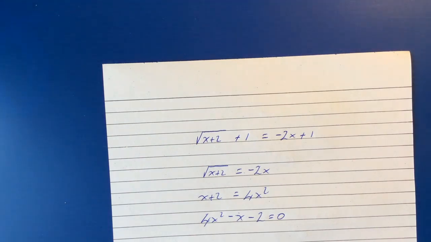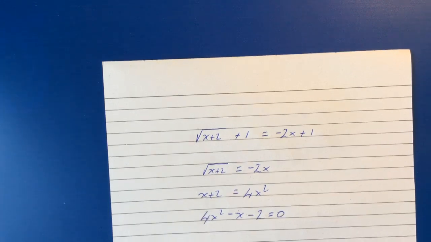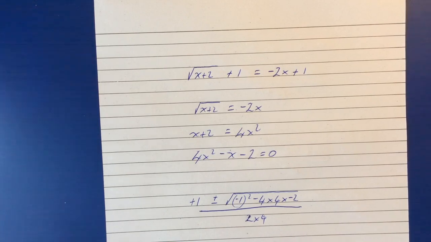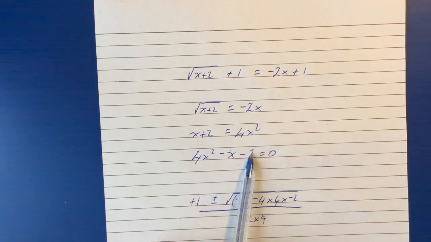You can't look at that quickly and go, oh yes, I can see a solution for that. So what I've done is I've put it into the quadratic formula. Negative 1 is b and negative 2 is c.